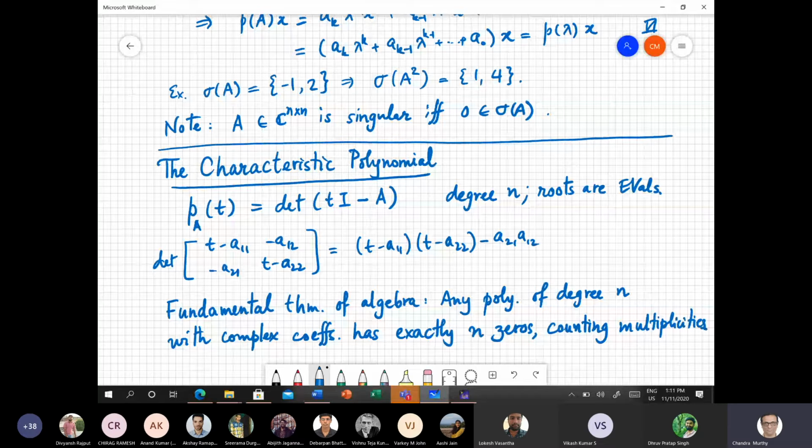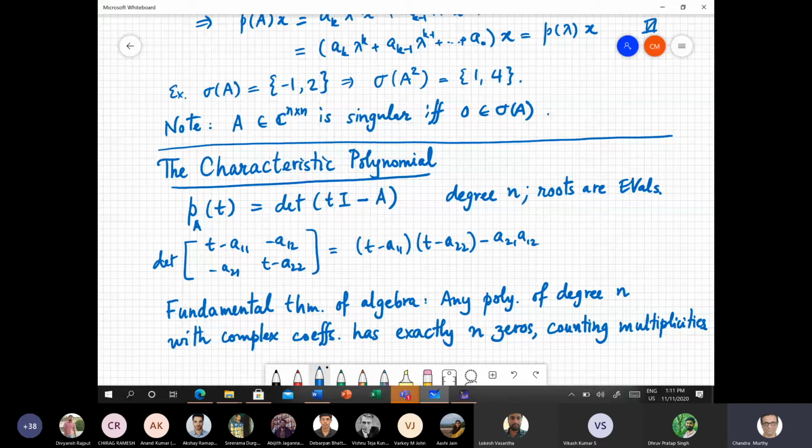Multiplicity just simply means how many times a particular lambda occurs as a zero of p_A(lambda). So if you count multiplicities, then there are exactly n eigenvalues.